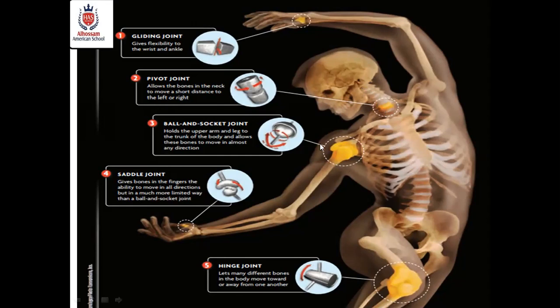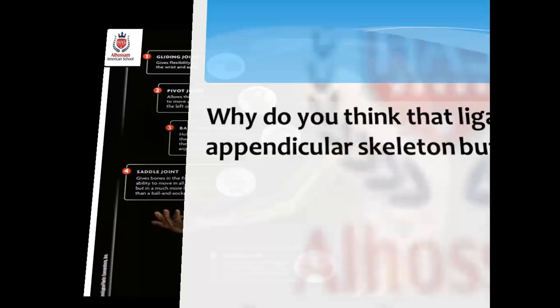Then we have the ball and socket in the shoulders, and also the ball and socket in the pelvis, allowing flexibility at this place. Then we have the saddle joint in your fingers so they can do this act. And then we have the hinge joint here, and also here. So this summarizes all types of synovial joints inside my body.